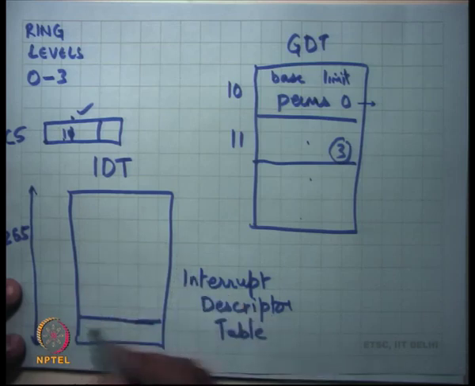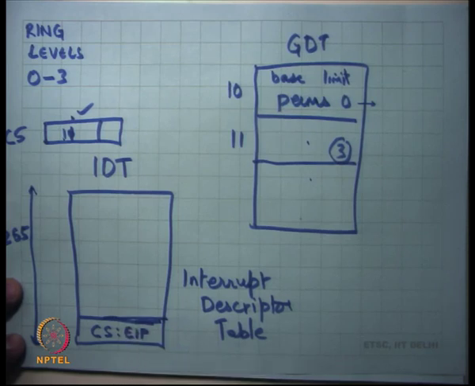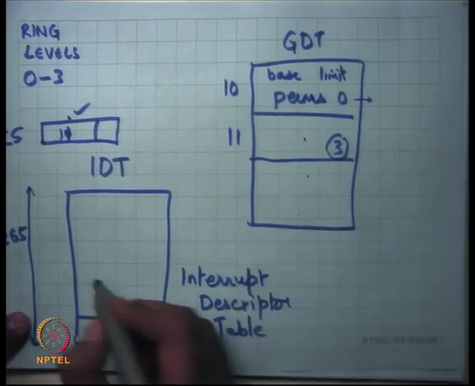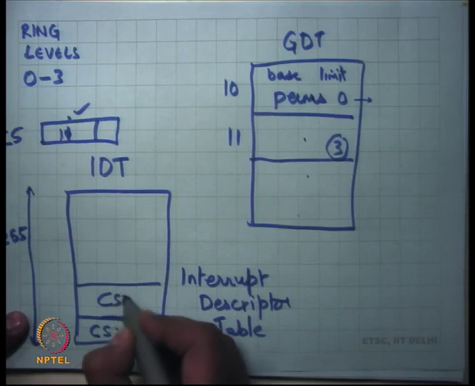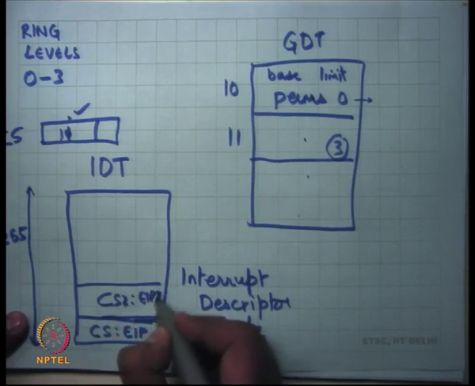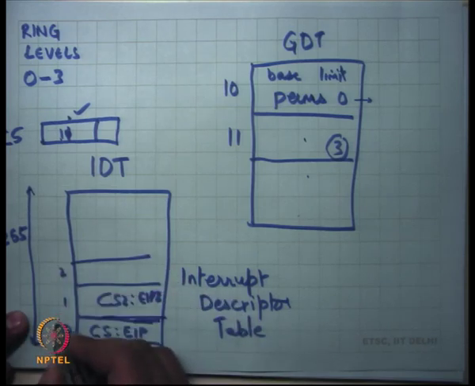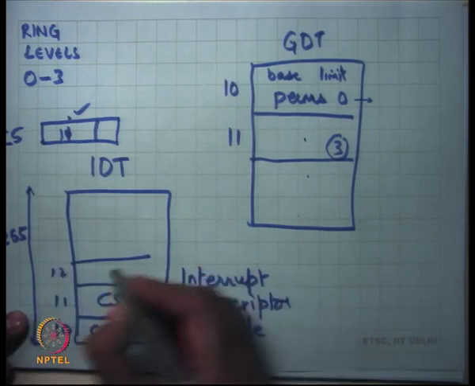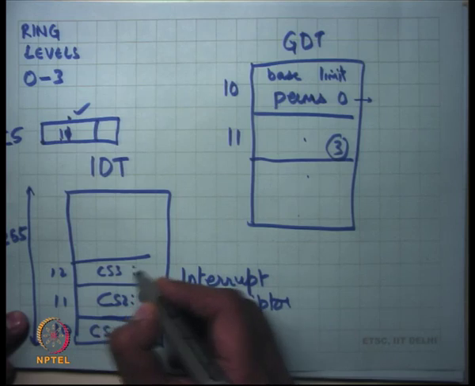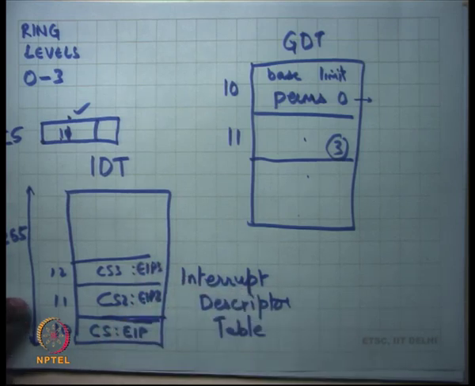Each of these entries basically has a CS:EIP pair, so let's say CS2:EIP2 and so on, and this is 0, this is 1, this is 2, or let's say this is 10, 11, 12, just arbitrarily choosing these values.